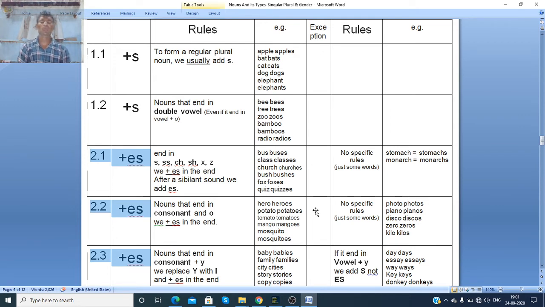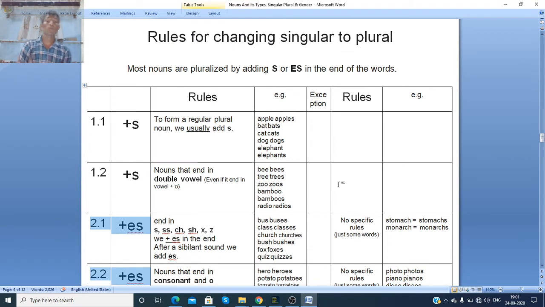Most of them are pluralized by adding s and es at the end of the word, like apple, apples, bus, buses.